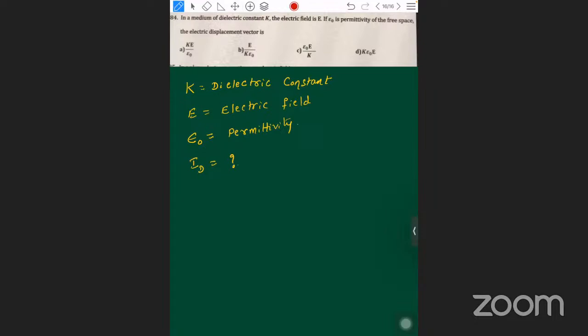The displacement current is I_D equal to epsilon naught times the rate of change of electric flux, d phi E by dt.